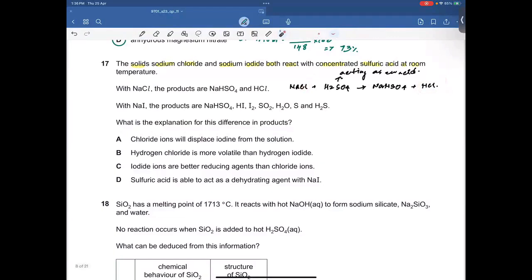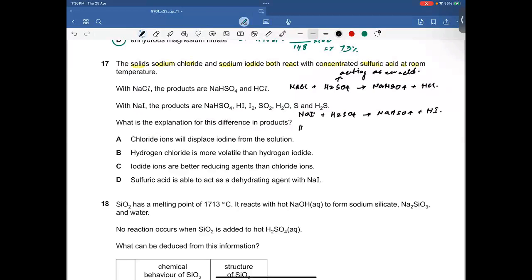Whereas in this scenario, sodium iodide is reacting with H2SO4, converting into sodium hydrogen sulfate and hydrogen iodide.